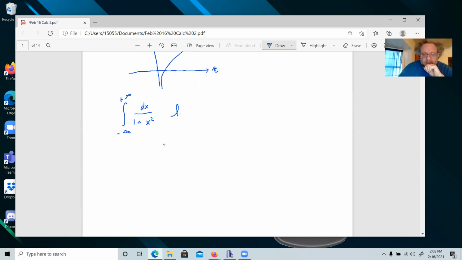So we're going to have the limit of a goes to infinity, integral from 0 to a of dx over 1 plus x squared, plus another limit here because all I did was take a convenient point, and this is b goes to negative infinity of the integral from b up to 0.